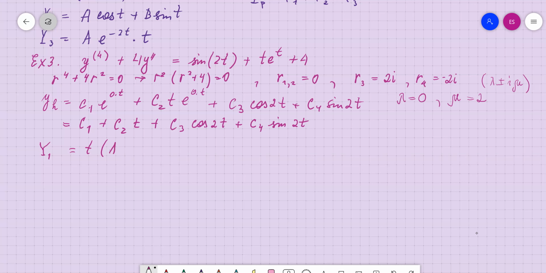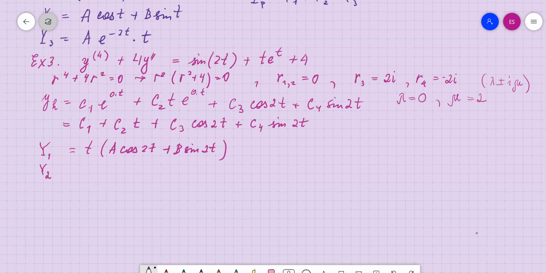So it's going to be, for example, t times (a cosine of 2t plus b sine of 2t). By the way, guys, it does not matter what you put, a here or b here, or switch them, because eventually you are going to find the numbers, and the numbers do not depend on how you label them. Okay, so again, we multiply by t because the homogeneous solution is marching to the right side.